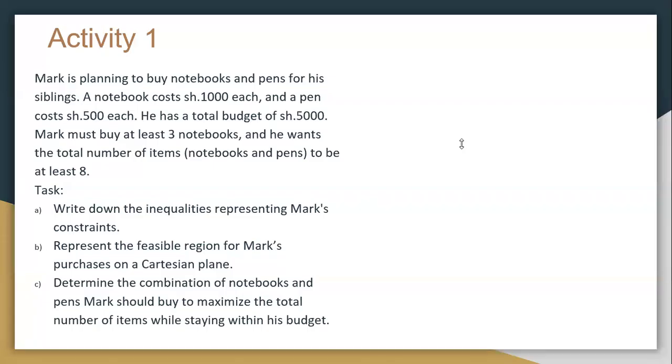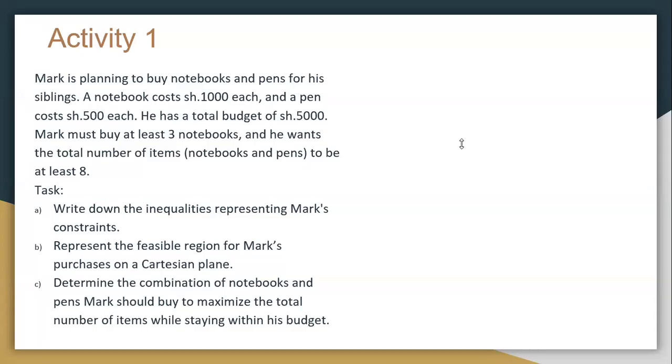Task: write down the inequalities representing Mark's constraints. Represent the feasible region for Mark's purchases on a Cartesian plane. Determine the combination of notebooks and pens Mark should buy to maximize the total number of items while staying within his budget. Okay, thank you. That is our item that we are going to work on.